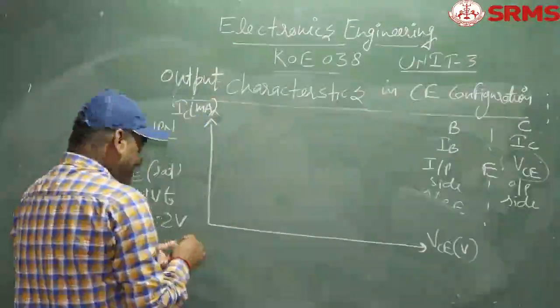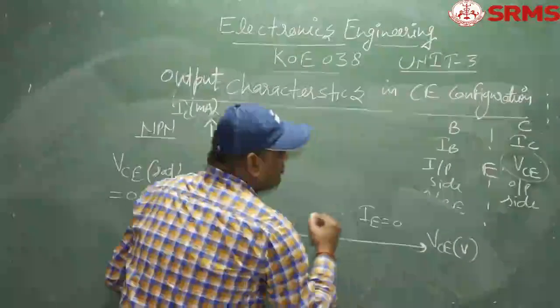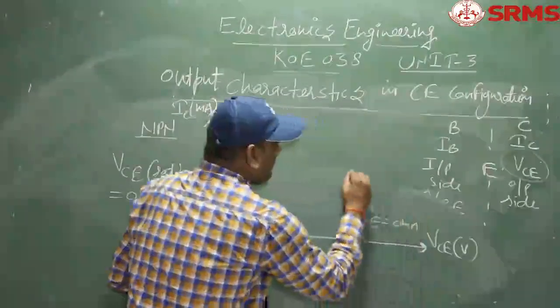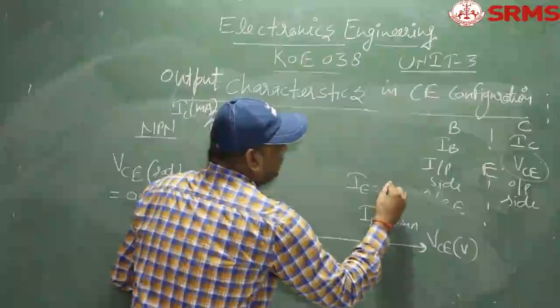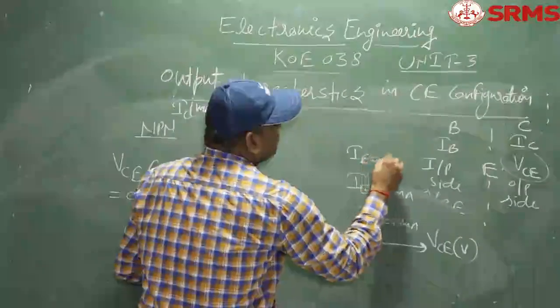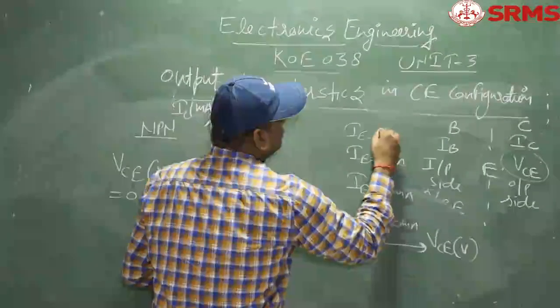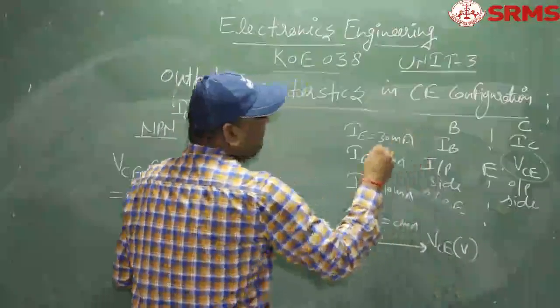So as far as the active region is concerned, if IB is equal to 0 milliampere, and if you assume IB over here is equal to 10 milliampere, IB is equal to 20 milliampere, and here IB is equal to 30 milliampere.